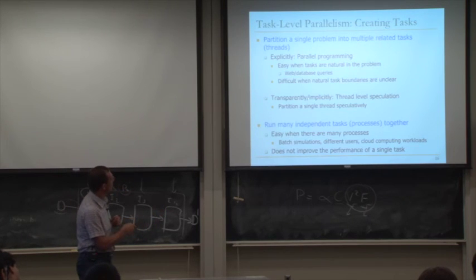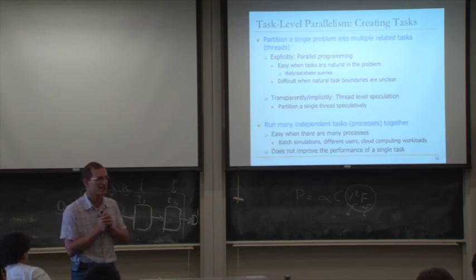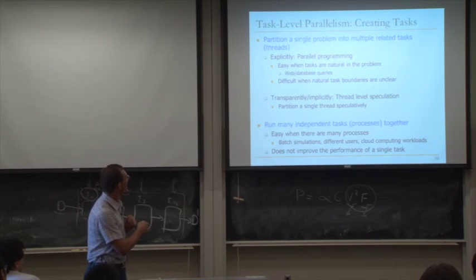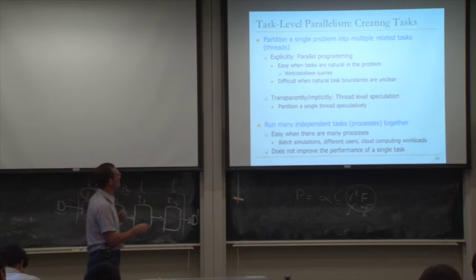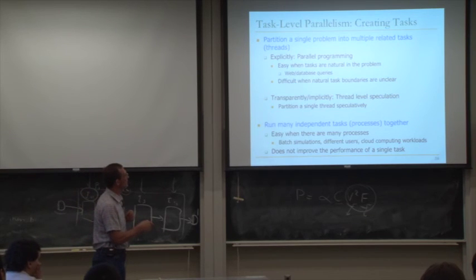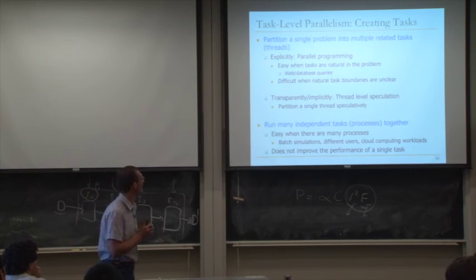Another alternative, which we will also cover in this course, and we'll spend a lot of time covering this, is how can you actually transparently parallelize a single problem? I'll collectively categorize all of those approaches as thread level speculation, even though they may not be speculative necessarily.